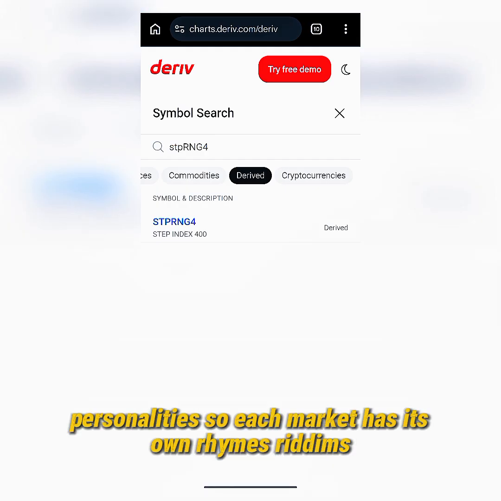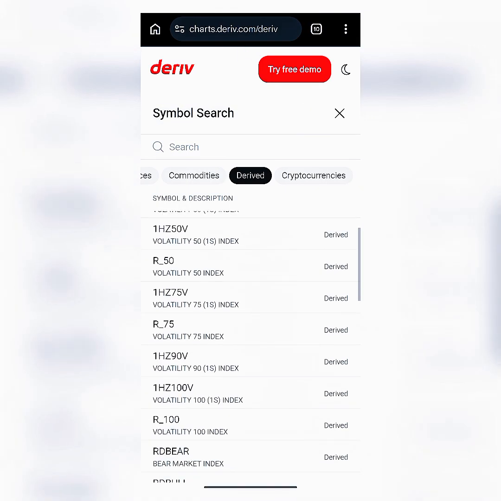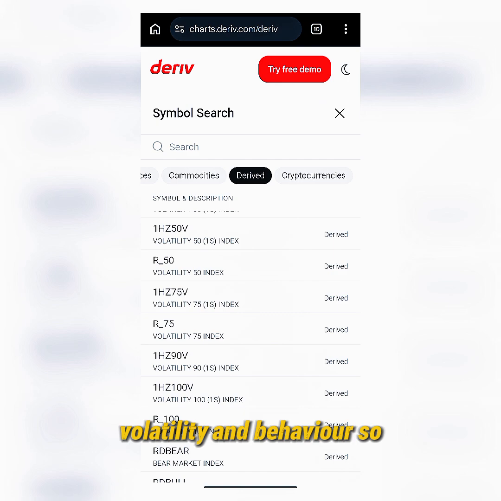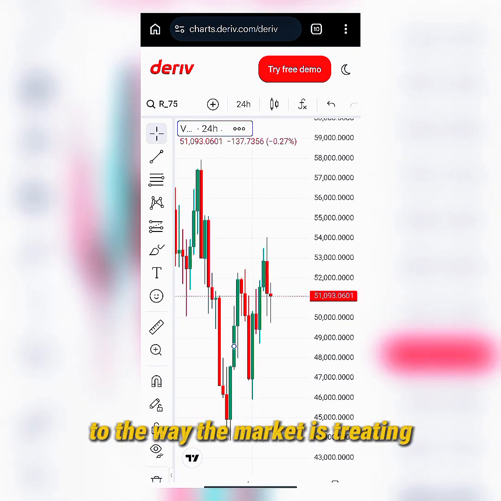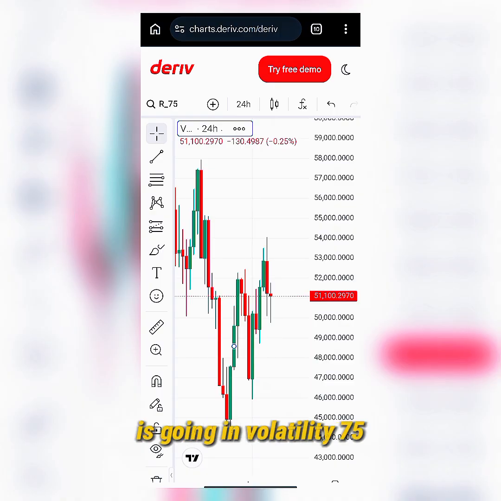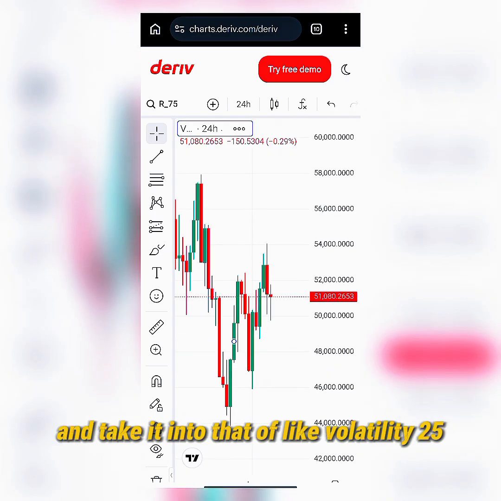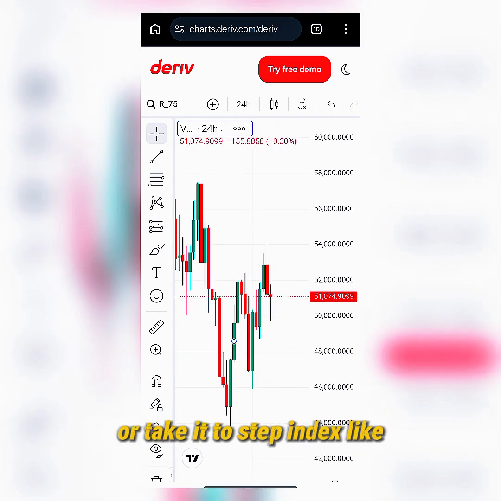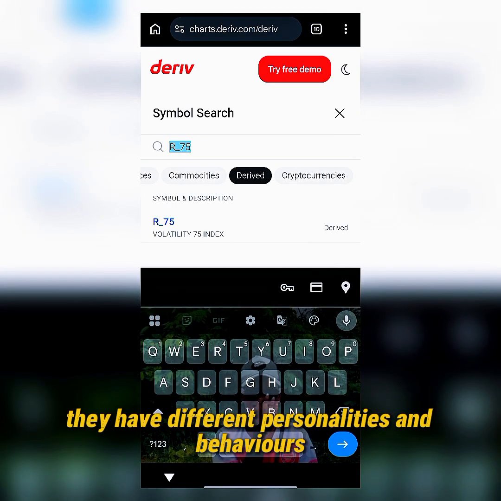Each market has its own rhythm, volatility and behavior. So you cannot take the behavior of Volatility 75 and apply it to Volatility 25 or Step Index. They have different personalities and behaviors.